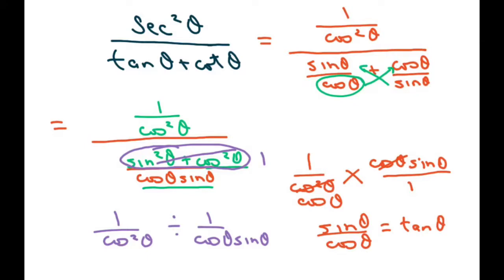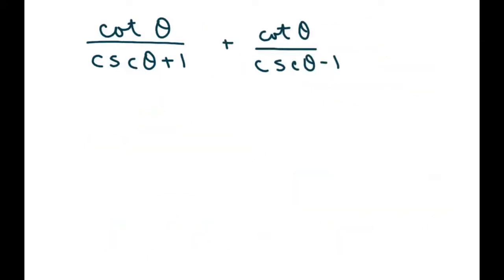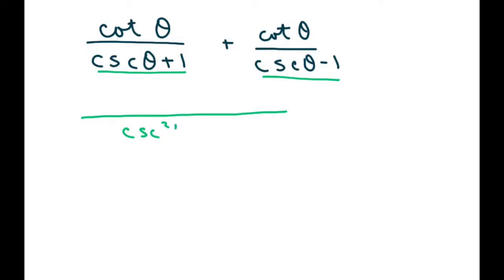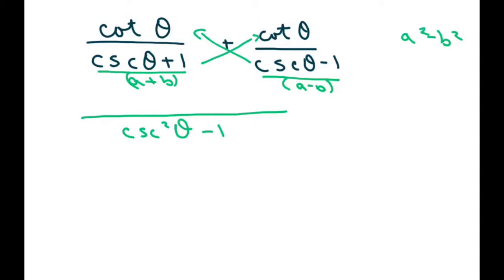Okay, and the next one is this one. So my common denominator for these two is both of these together, and that's going to be cosecant theta minus 1 times cosecant theta plus 1. That's your a plus b times a minus b, which equals a squared minus b squared. And then I'm going to cross these, so I have a common denominator.